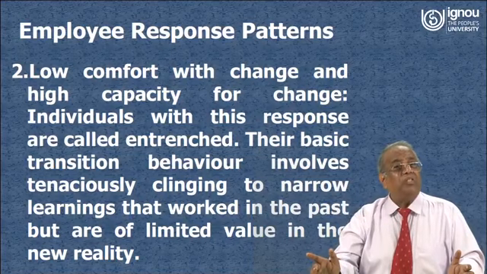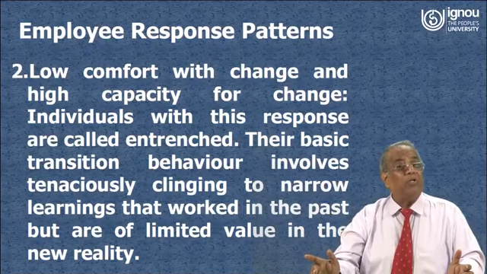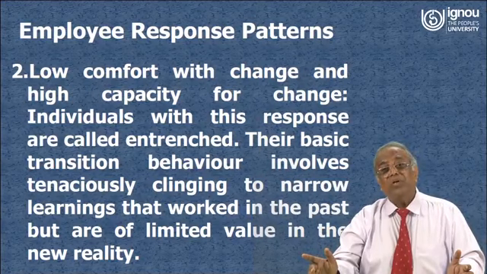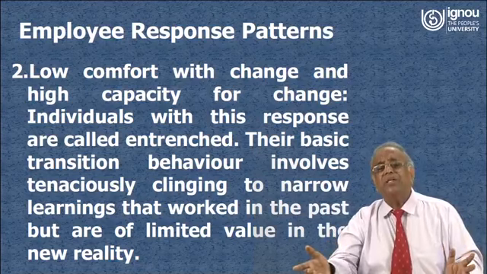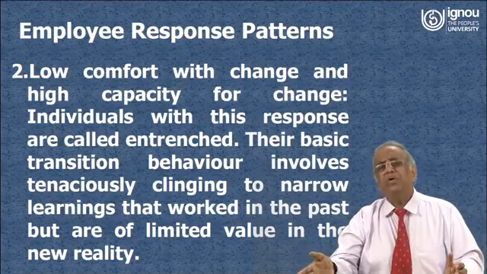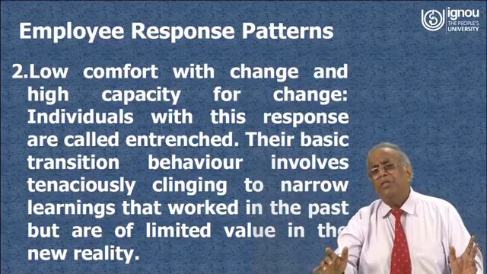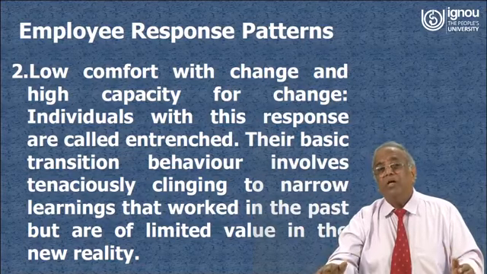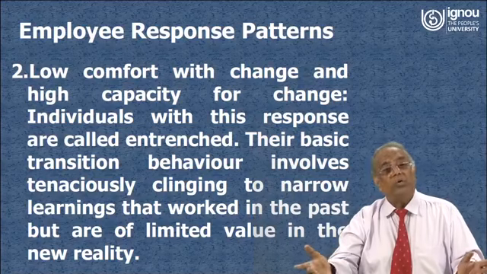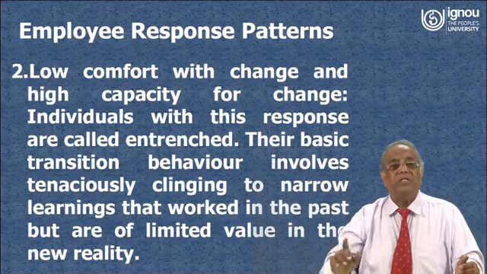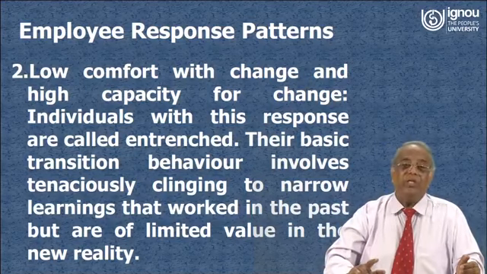Their basic transition behavior involves tenaciously clinging to narrow learning that worked in the past but is of limited value in the new reality. Since they are skilled persons, in the past they might have done well for a particular change, but in the present scenario there is a massive change, so it is not possible for them to take part in this changing process easily.